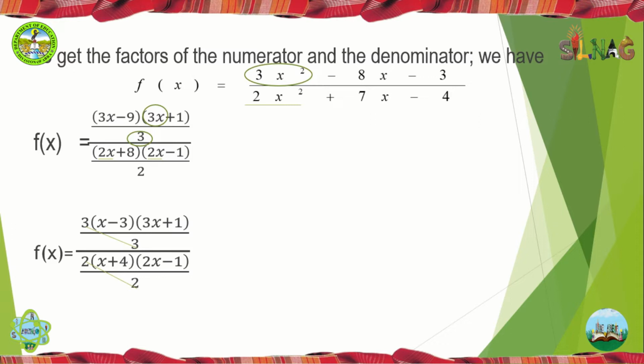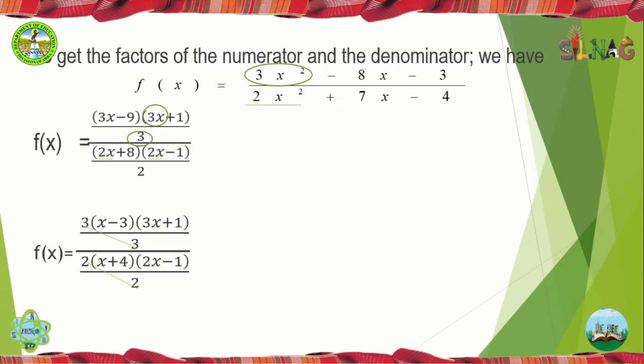And then next, we have to get the binomial factors. We have to multiply at the numerator the numerical coefficient of 3x squared and the last term negative 3. So we have 3 times negative 3 is negative 9.